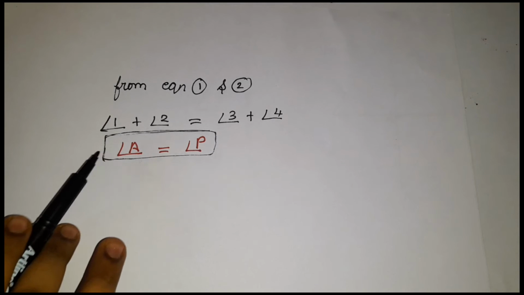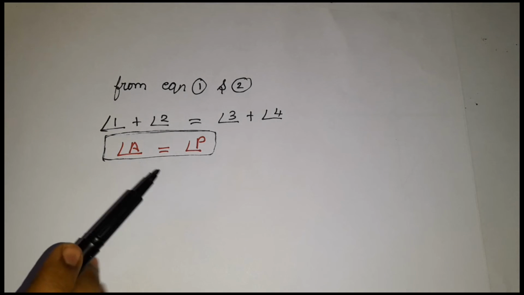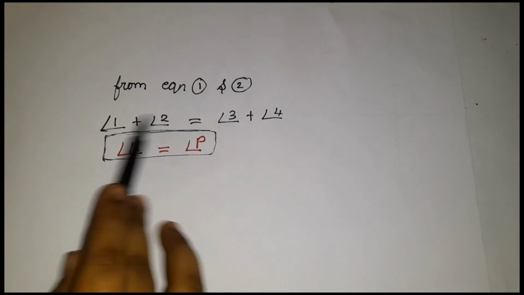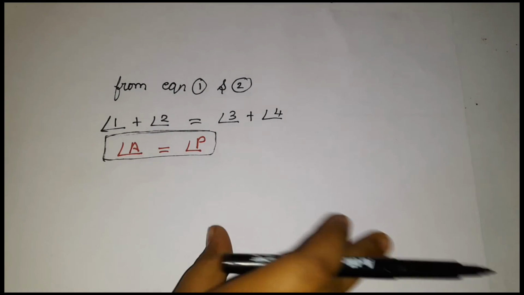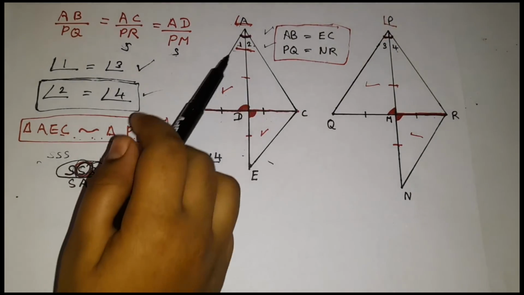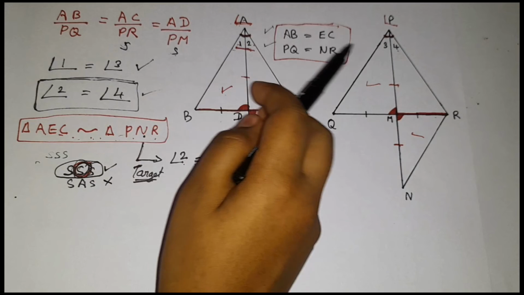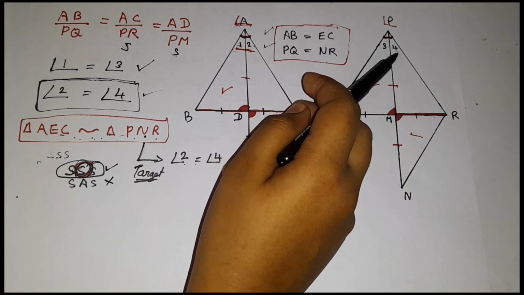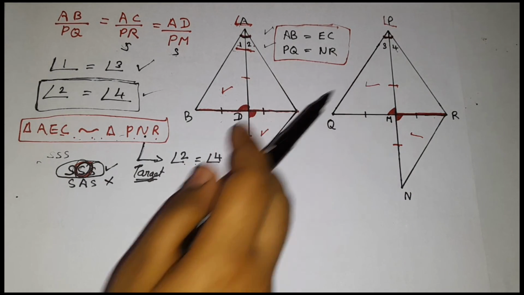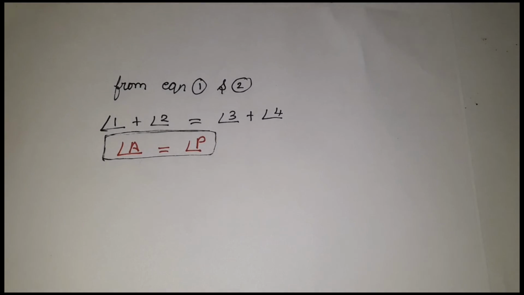From equation number 1 and equation number 2, when I add angle 1 plus angle 2, I get the full angle, that is angle A, and when I add angle 3 plus angle 4, I get angle P. So finally I got an angle.